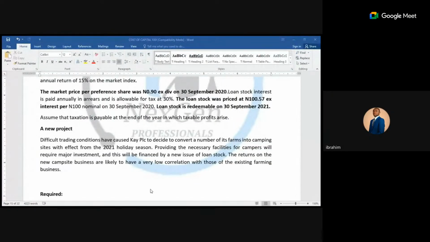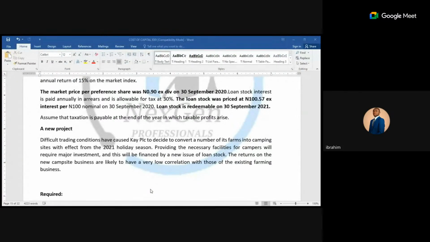Now, back to equity beta. If what makes it change is the new venture business, because of the risk, they don't know what they will face in that new project, that will make the equity beta increase, because it is less than 1 now.